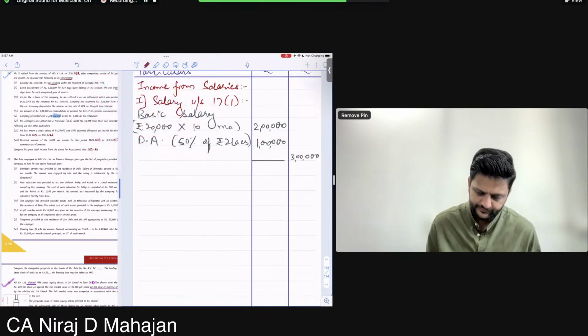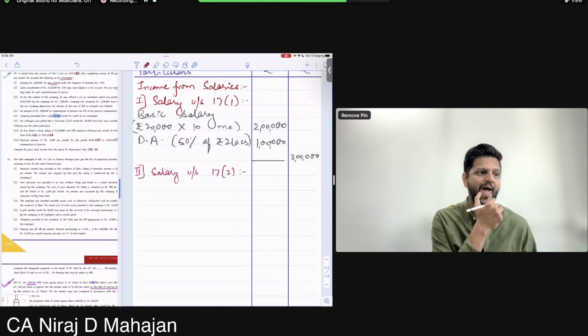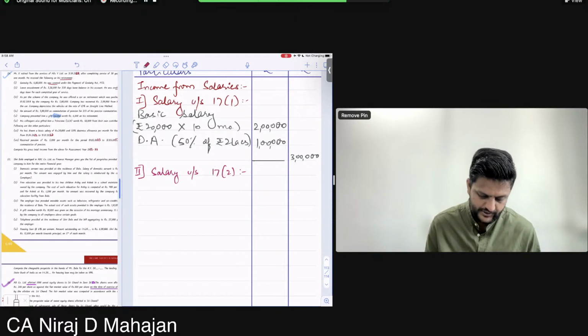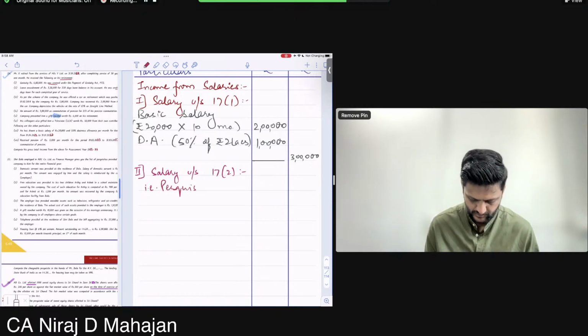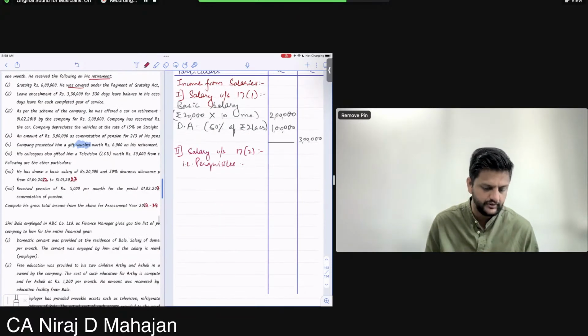Second part under that: salary under section 17(2). That is perquisites. Gratuity, leave encashment, offer, car.